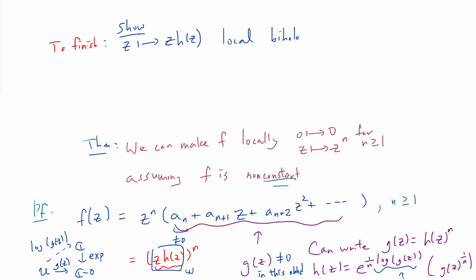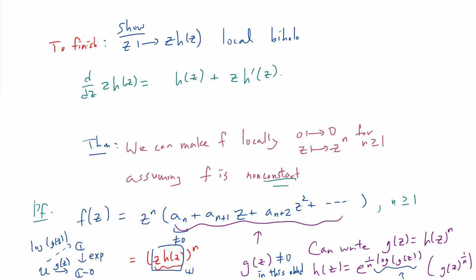So we just have to show that this is a local biholomorphism, and how we can do it is use the inverse function theorem. The inverse function theorem, in its complex version, says that as long as the derivative at the point is non-zero, then we in fact have a local biholomorphism. So let's just differentiate z times h of z, and this is exactly h of z plus z times h prime of z.